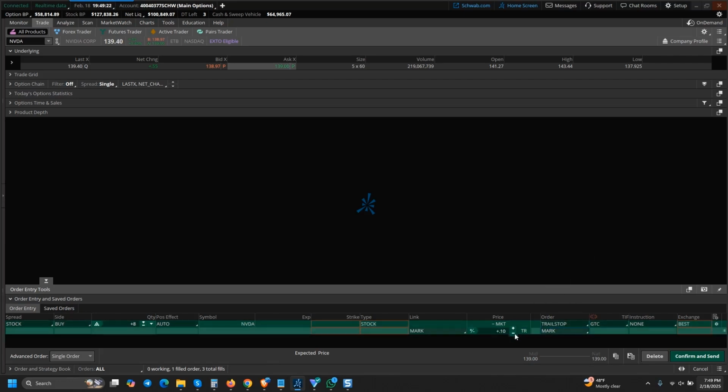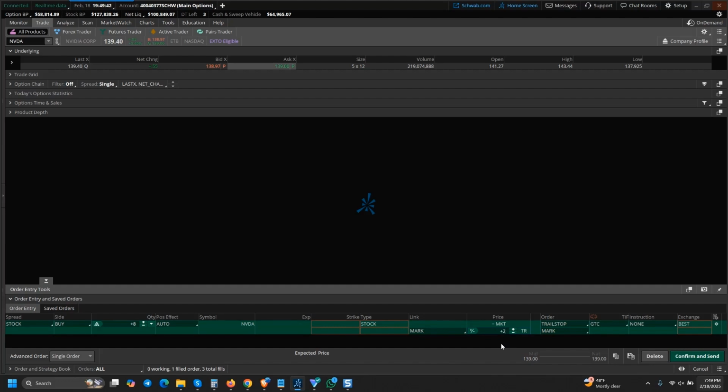A trailing stop order. This gets a little more complex here. And you can set this as a percentage or as a dollar amount. And for buying, this is not normally something you would do, but I'll explain how you could do it. We could set a trailing price. Now, the trailing price means this.